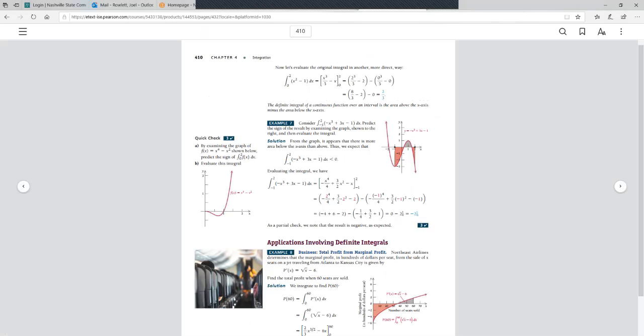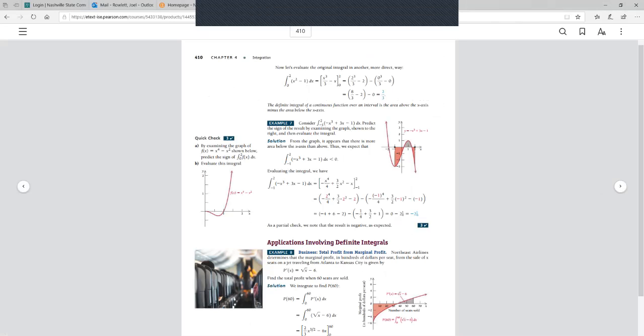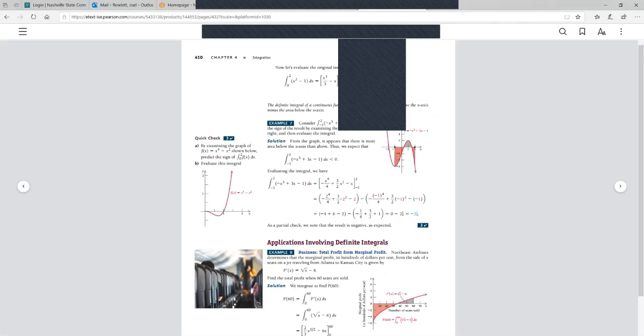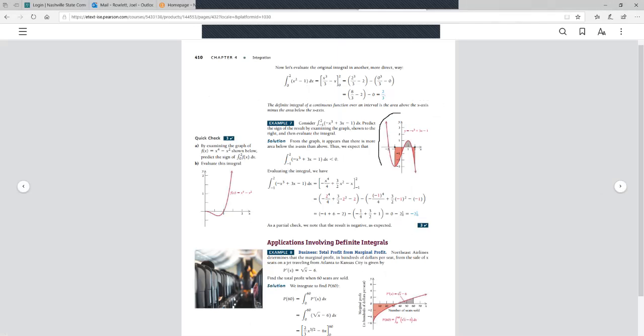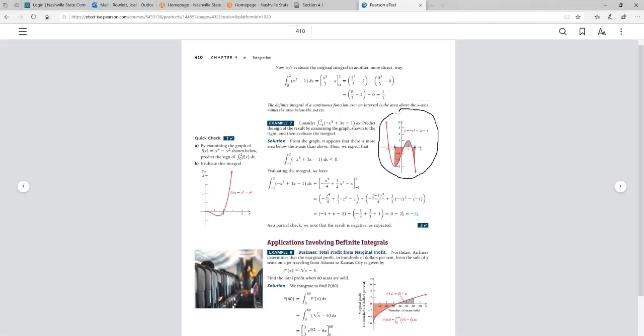Example 7 here sums it up entirely. We have a graph here. And notice that at times the graph is below the x-axis, sometimes it's above the x-axis, and then it's below again. And if you try to find the areas below the x-axis and above the curve, you're going to get negative area and so forth.